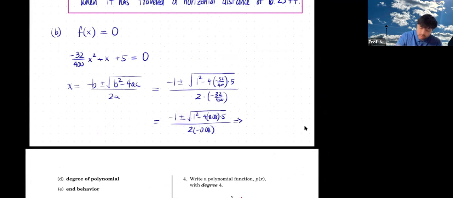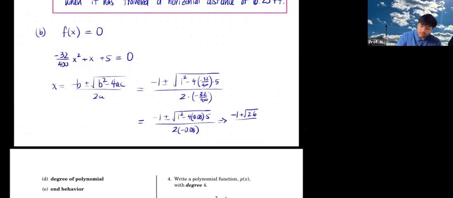So we're going to use negative 1 plus the square root. Let me just see if I can get that real quick. So we got 4 times 0.08 times 5 plus 1. So you guys get 2.6 for this? 2.6 in the bottom here.